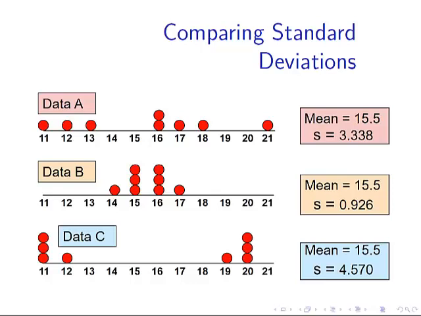Now we can consider these three data sets as the average grades of students. For example, here we have every kind of student. You see, in this class we have students with an average of 11 points, 12, 13, 16, 17, 18, and 21. Here, the averages of students are located between 14 and 17, and we don't have any numbers far away from the mean.